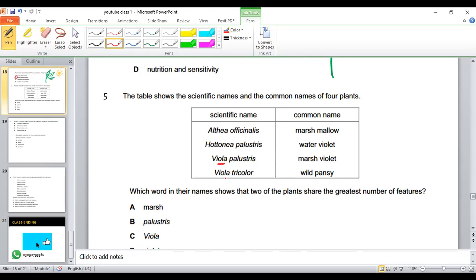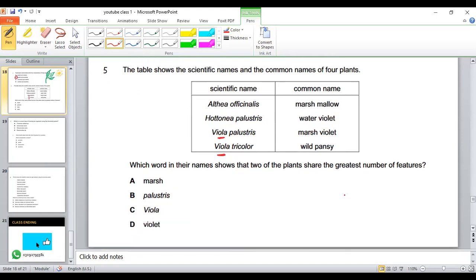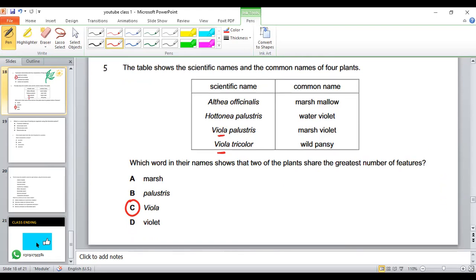The genus name is the same here, so we observe the genus name first. The genus name is Viola. So the answer is C, because they have the same genus name. Whenever we observe closely related features, we observe the genus name first.